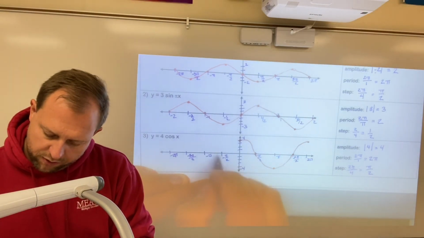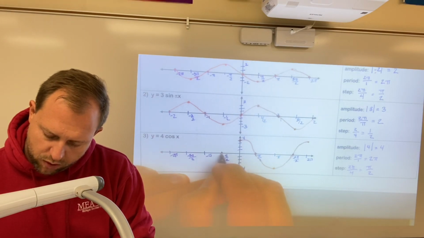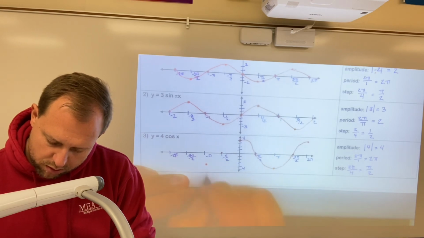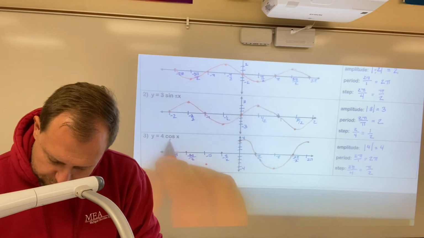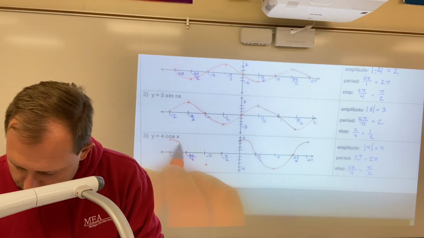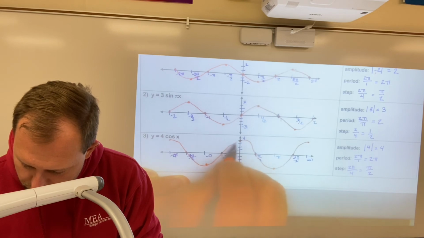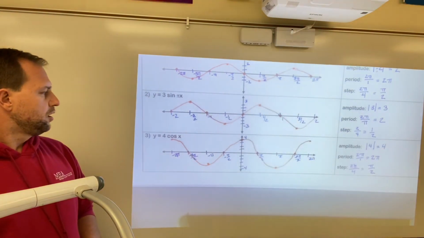Same back in the reverse. It's a mirror image over the y-axis. Back, down, back, up, and we get our cosine function.